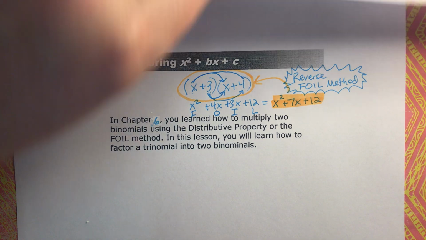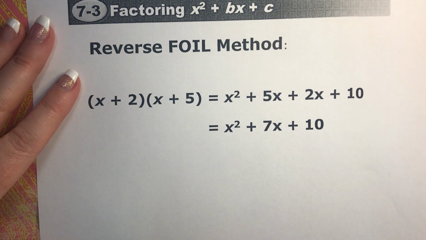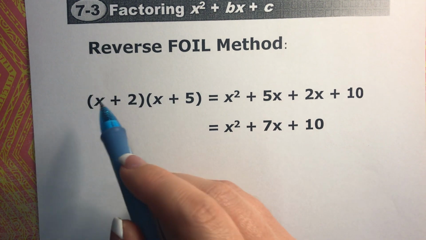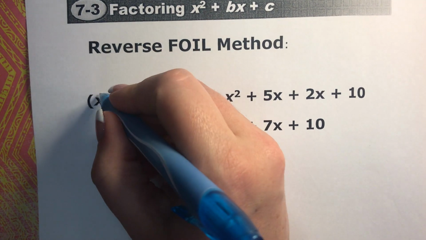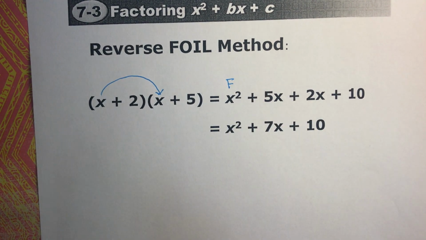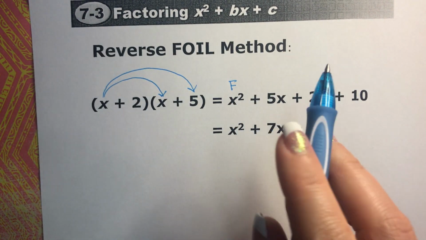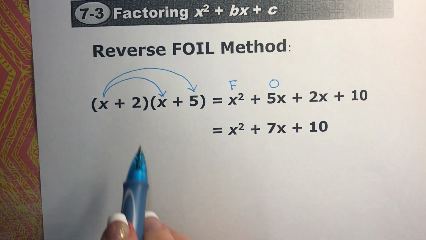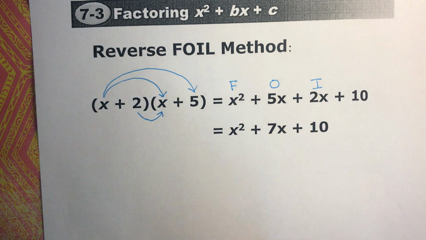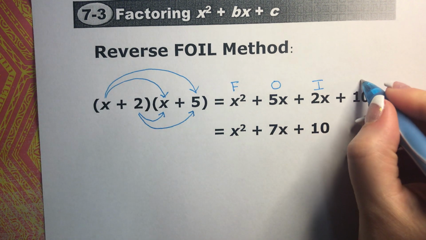So let's talk about the reverse FOIL method. Here's a different problem, and it's really important to understand FOIL. We did this in Chapter 6. X times x, that's our first, that's our x squared. The outside here is our 5x, that's our O. Then the inside is our I, and here is our last, which is our 10.